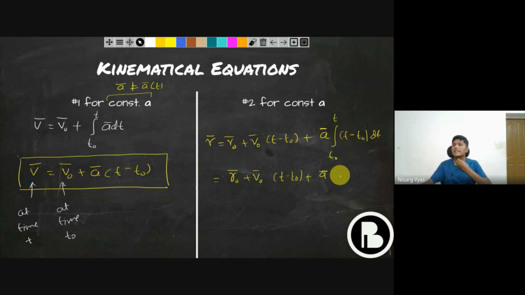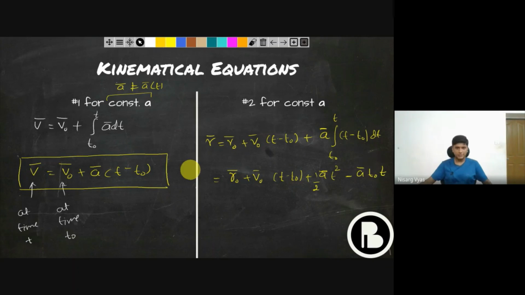And now if you integrate this, the integration of t is half t square, minus the integration of t naught, which is not half. The integration of t naught is something simpler than that. It is t naught t. This is the integral of t naught.